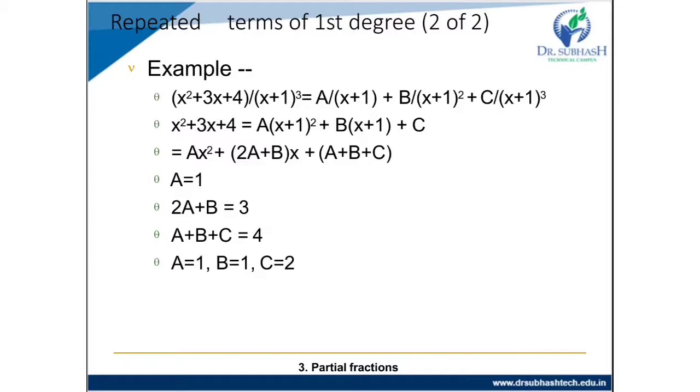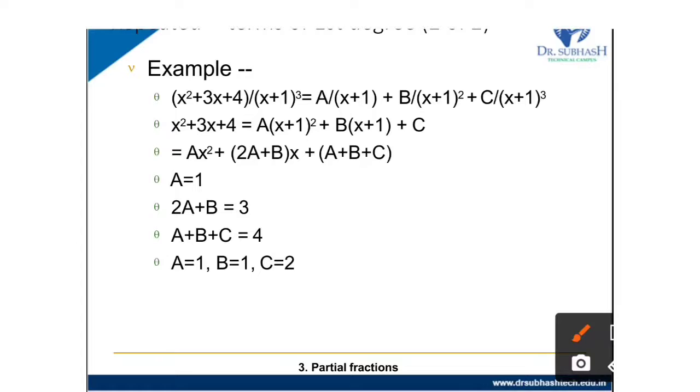Here x square plus 3x plus 4. We are learning mathematical terms for solving our signals and systems examples, so this is the part of maths. Here x square plus 3x plus 4 divided by x plus 1 raised to cube.